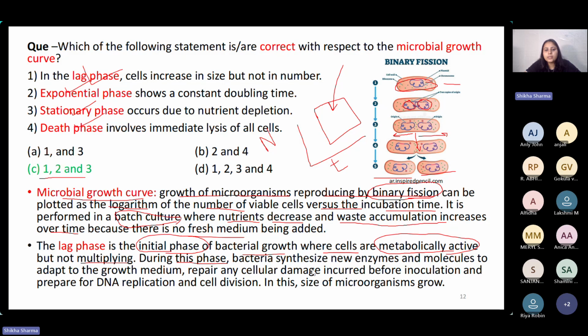During this phase, the bacteria synthesize new enzymes and molecules to adapt to the growth medium, repair any cellular damage incurred before the inoculation, and prepare for DNA replication and cell division. In this, only the size of the microorganism will increase, but it will not multiply. So statement 1 is correct here.